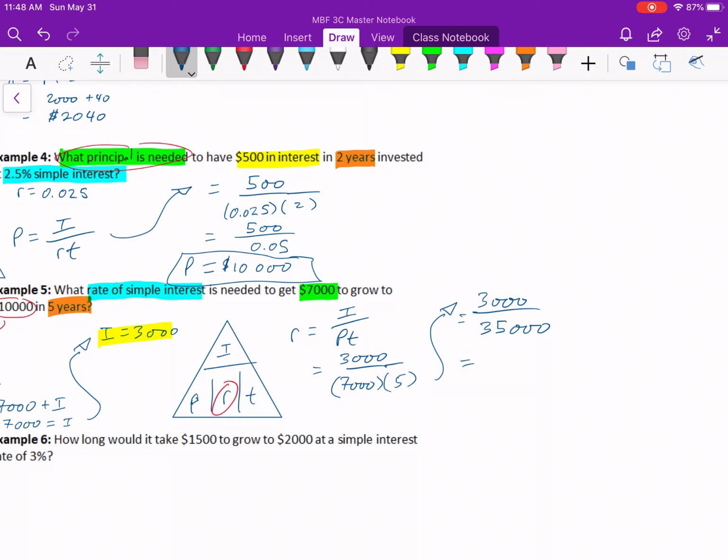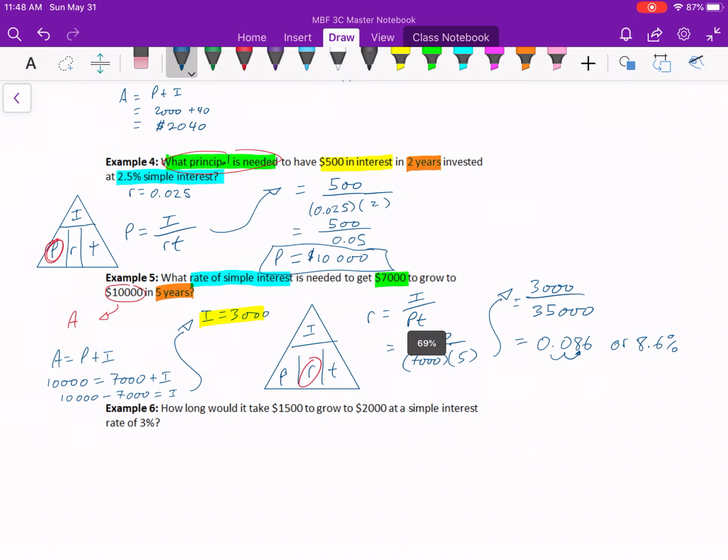And that works out to be 0.086. And that's as a decimal. If you want to convert it back to a percent, then you could move that decimal 2 places to the right, and you get 8.6% interest. But you don't have to do that.